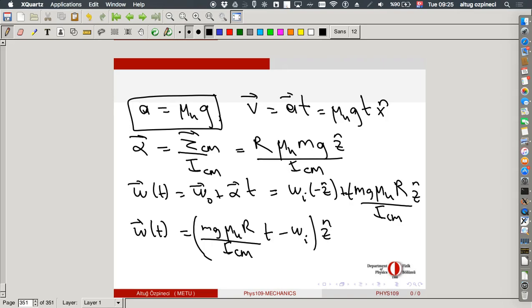So we see that as time goes on, the angular velocity gets smaller and smaller. The magnitude of omega is omega I minus mg mu k r over I center of mass times t. This is the magnitude of the angular velocity.